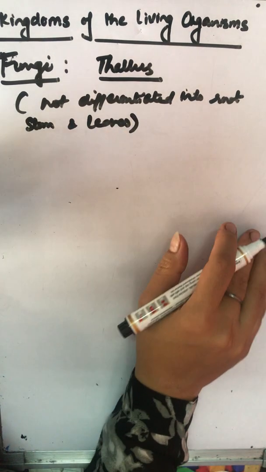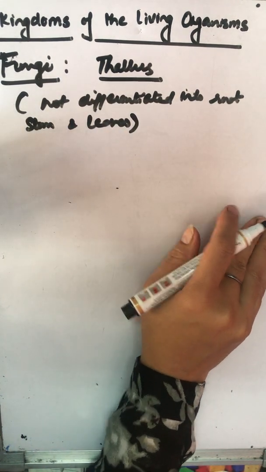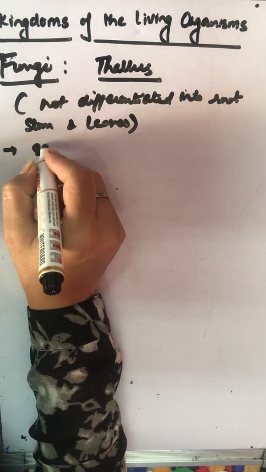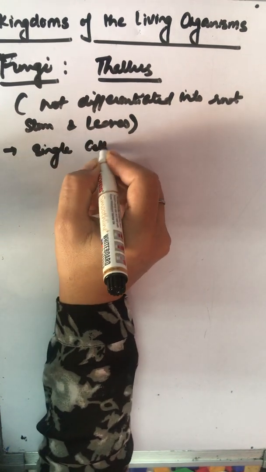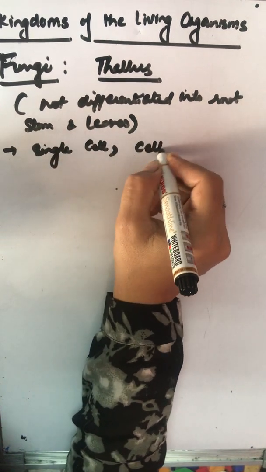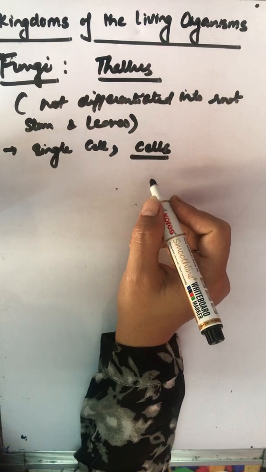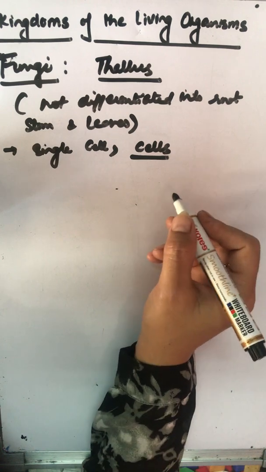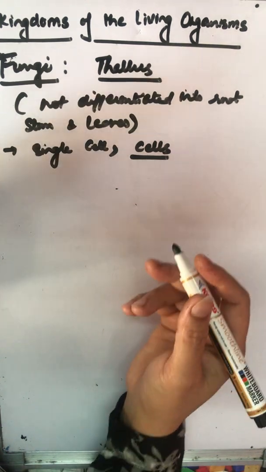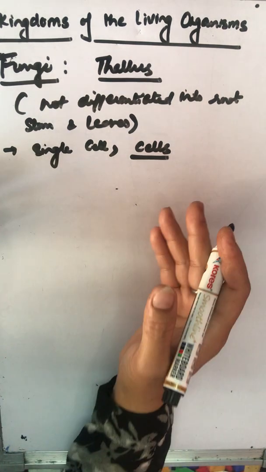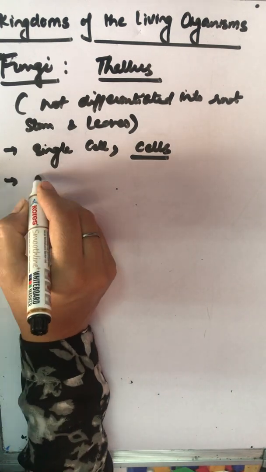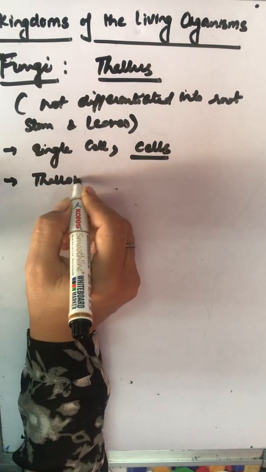It may be that they are built up of a single cell or cells which do not possess a definite cell wall and true nucleus. They lack chlorophyll and vascular tissues as well. So basically what do they have? They have first of all a thalloid body.